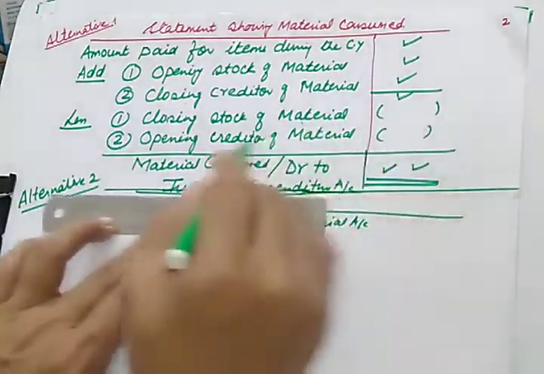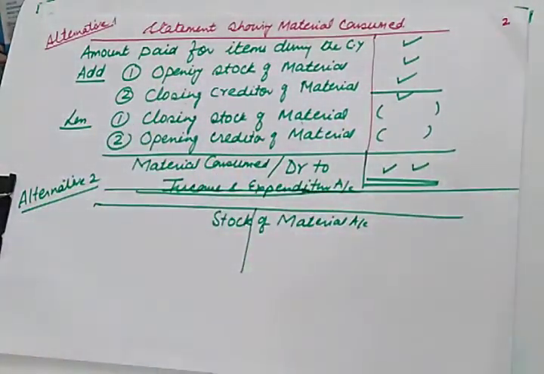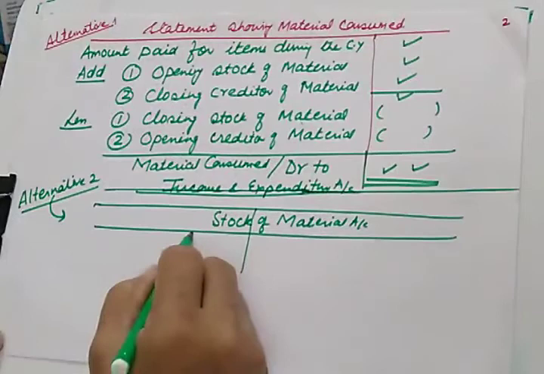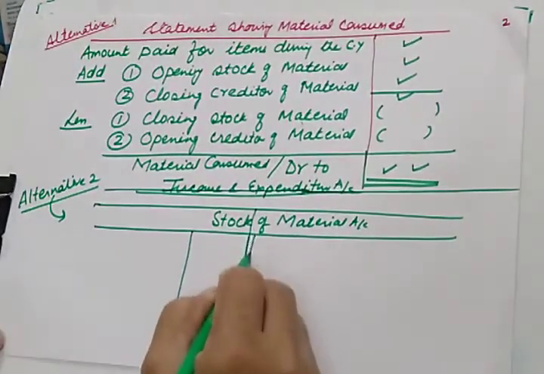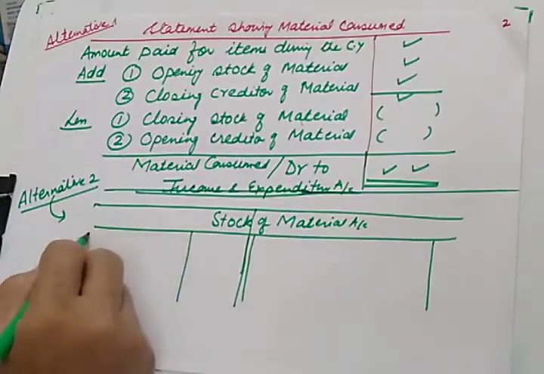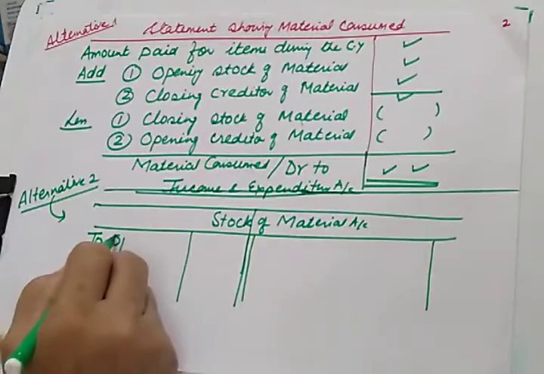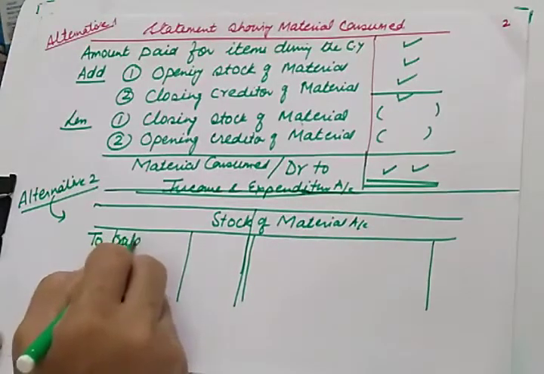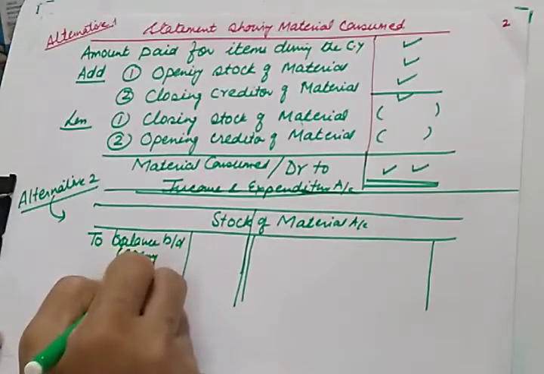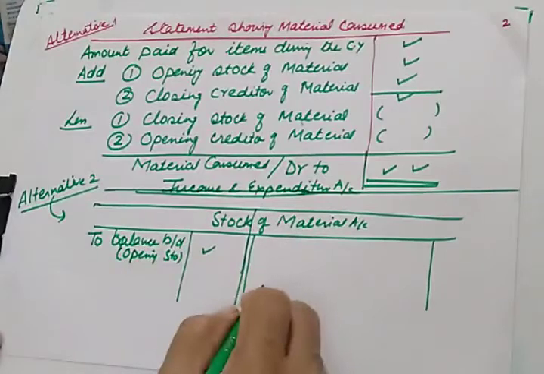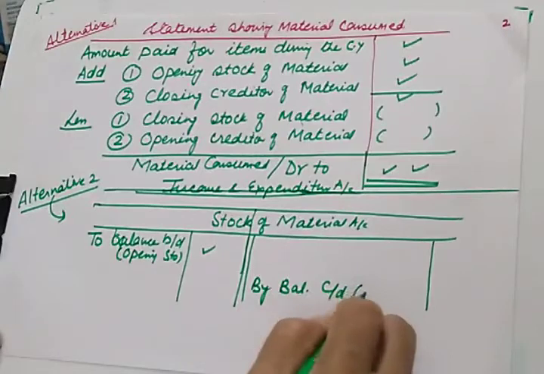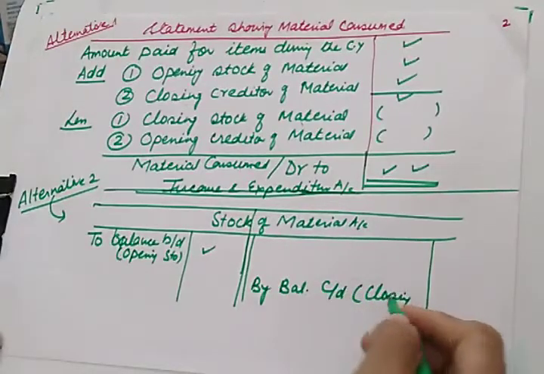This method ends here. So now this is our second method, where we'll be preparing stock of medicines account. And you know how this is to be prepared. Here we'll be writing opening stock. So this is balance brought down, opening stock will be written here. Likewise, closing stock of material will be recorded here.